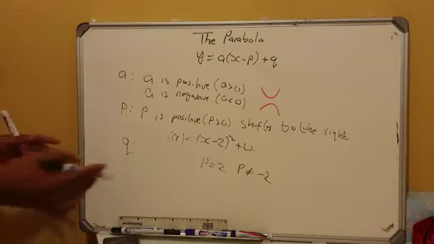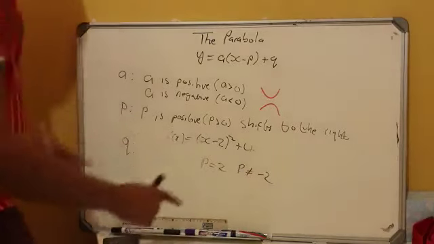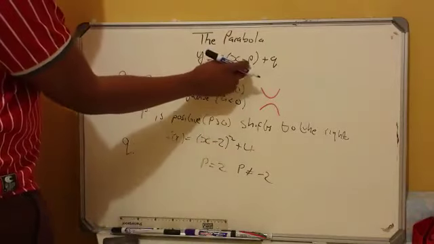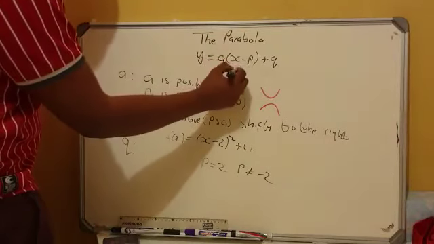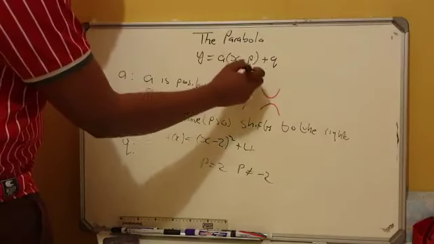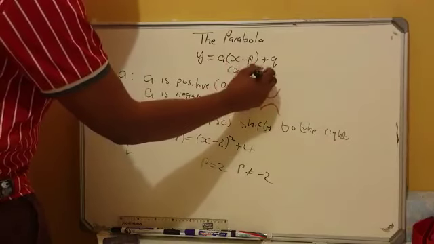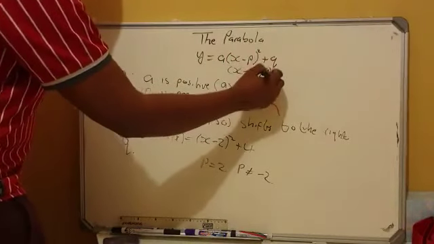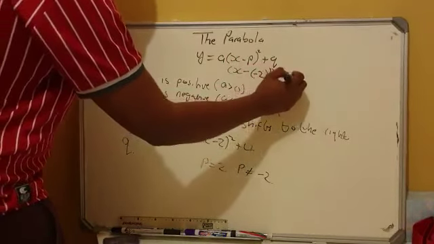So let's say maybe p is negative 2, and I have to substitute it into this equation. I substitute p as negative 2, which will make it x minus, and where there is p, I put minus 2. Oh, this is squared, I forgot it. So (x minus negative 2) squared plus q.